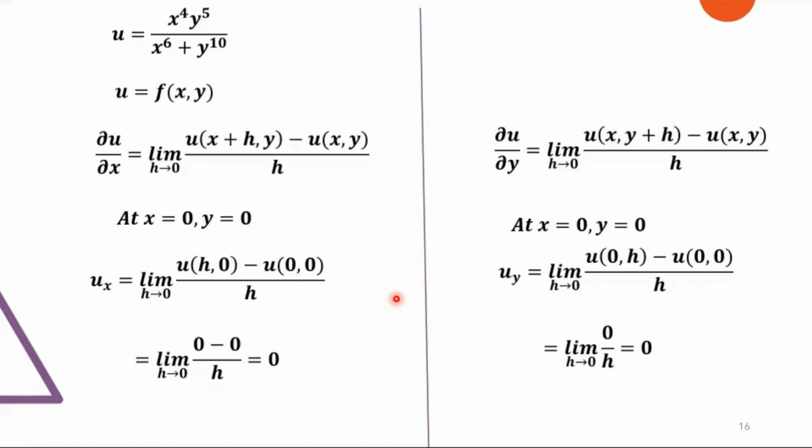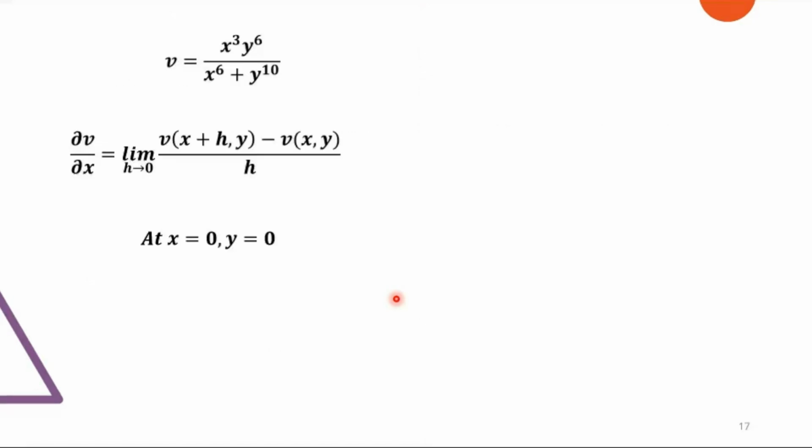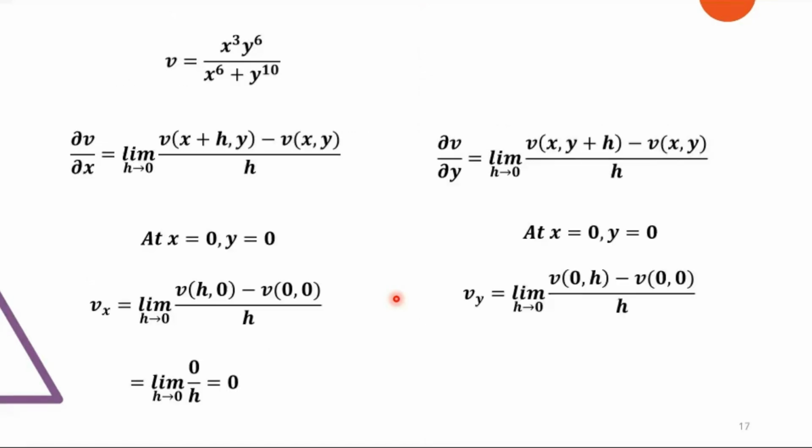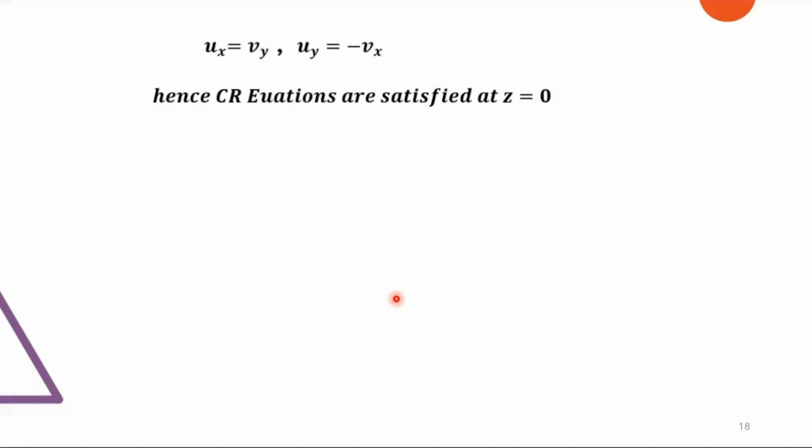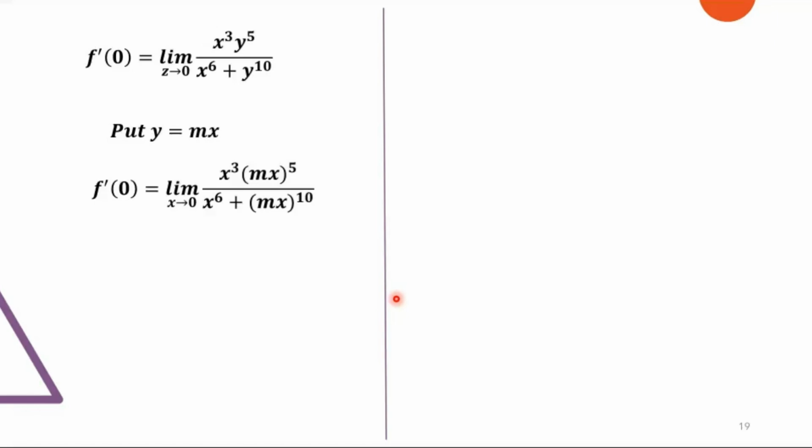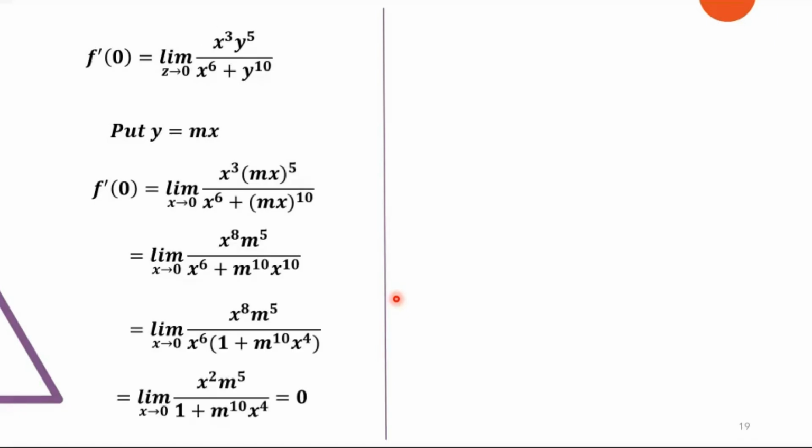यहाँ पे when you have this ना CR equations satisfy हो जाते हैं. When I put y is equal to mx ना, this x is remaining in the answer.